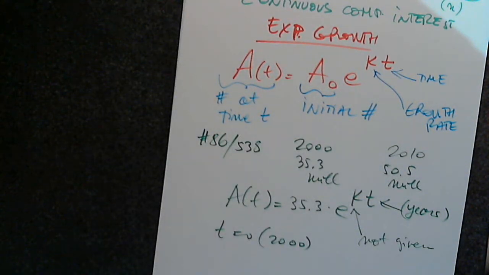How do I know? One more time, let's read this. The exponential growth function describes the U.S. Hispanic population, A, in millions, t years after 2000, which means the initial t equals 2000. T equals 0 means 2000. Part A, find k correct to 3 decimal places.